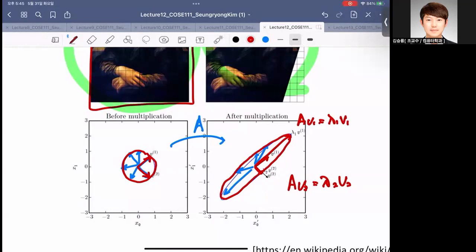So in this case, how can we find out, how can we expect the output shape from this matrix A?